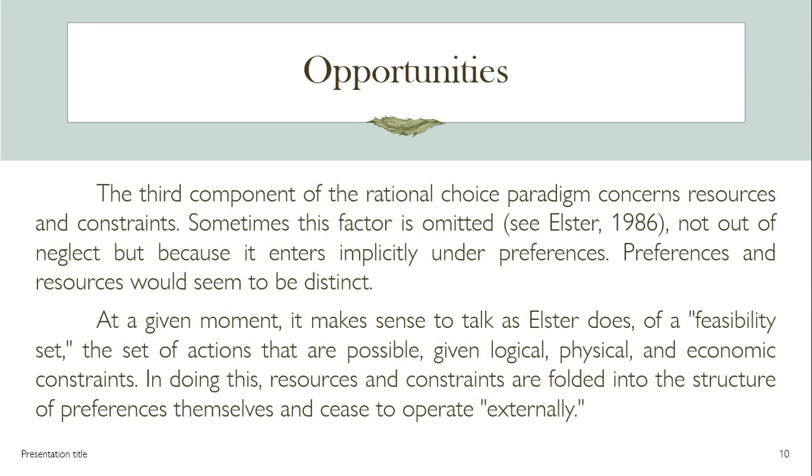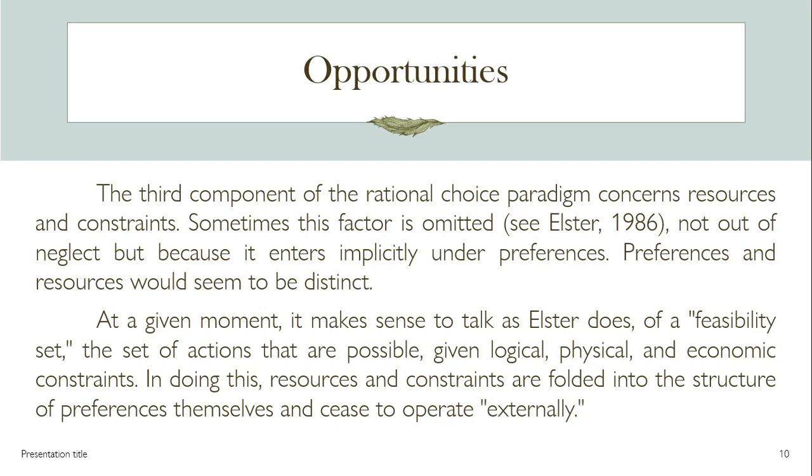Moving on, we have opportunities. The third component of the rational choice paradigm concerns resources and constraints. Sometimes this factor is omitted, not out of neglect, but because it enters implicitly under preferences. Preferences and resources would seem to be distinct. What one wants and what one can get are two different things, unless aspirations are completely determined by possibilities.